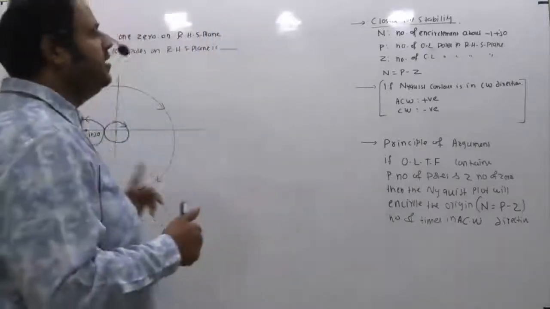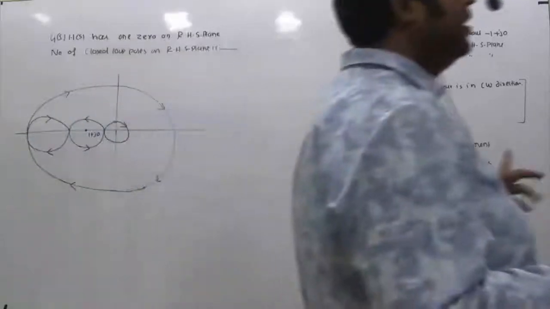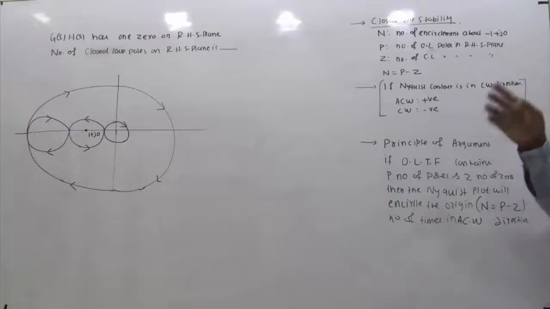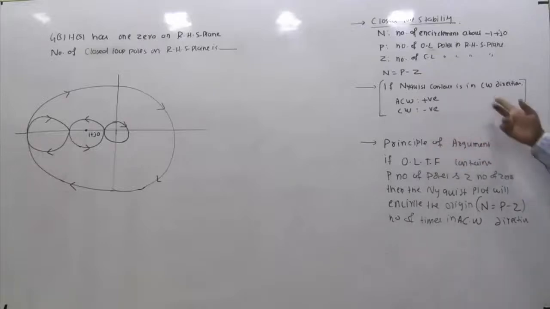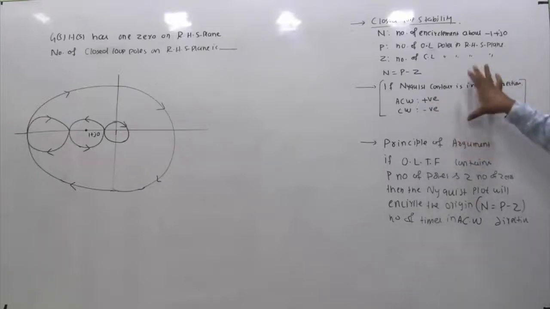The contour can be taken in two directions, clockwise or anti-clockwise. Unless specified, by default in all the textbooks, we take the Nyquist contour in the clockwise direction. If the contour is taken clockwise, while computing the number of encirclements, anti-clockwise is taken as positive and clockwise as negative. If you take the contour anti-clockwise, this will be reversed. We'll see about this in detail.